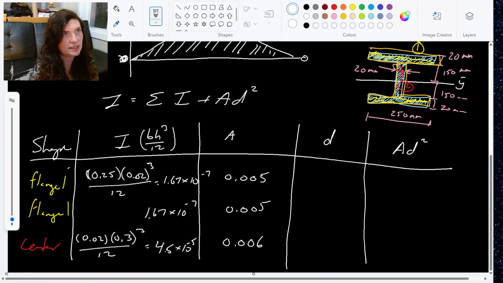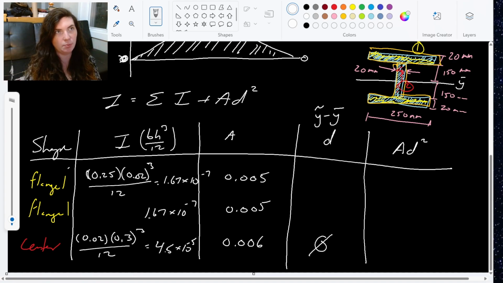Then I'll take this distance. This distance is the distance of the centroid of each shape minus the centroid itself. So for example, section 2, my center shape shares the same centroid with the overall shape. And since they share the same centroid, this would be 0. There is no distance between the centroid of the mini shape and the centroid of the overall shape.